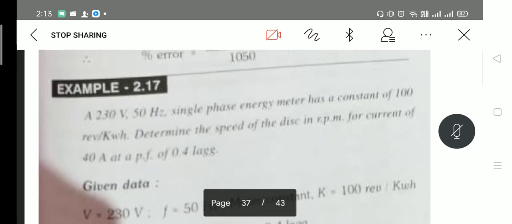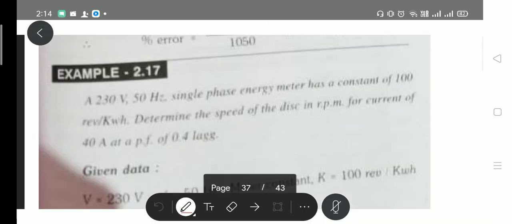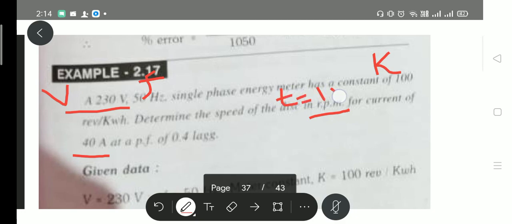Given is 230 volts voltage, frequency 50 hertz, and K value is 100 revolutions per kilowatt hour, and we determine the speed of the disk in RPM, number of revolutions per minute. Current of 40 amps is given, and time is indirectly given, that is 1 minute, and the power factor is 0.4 lagging.